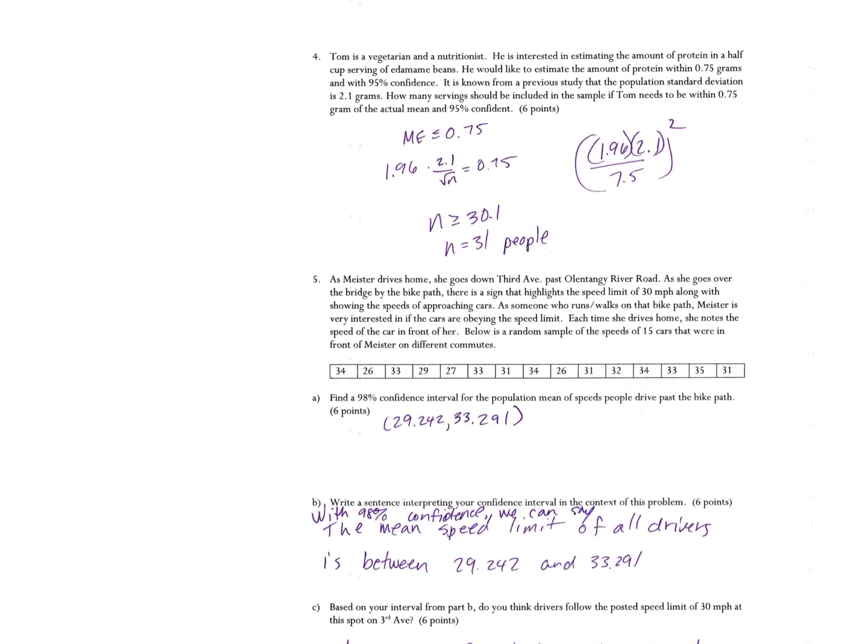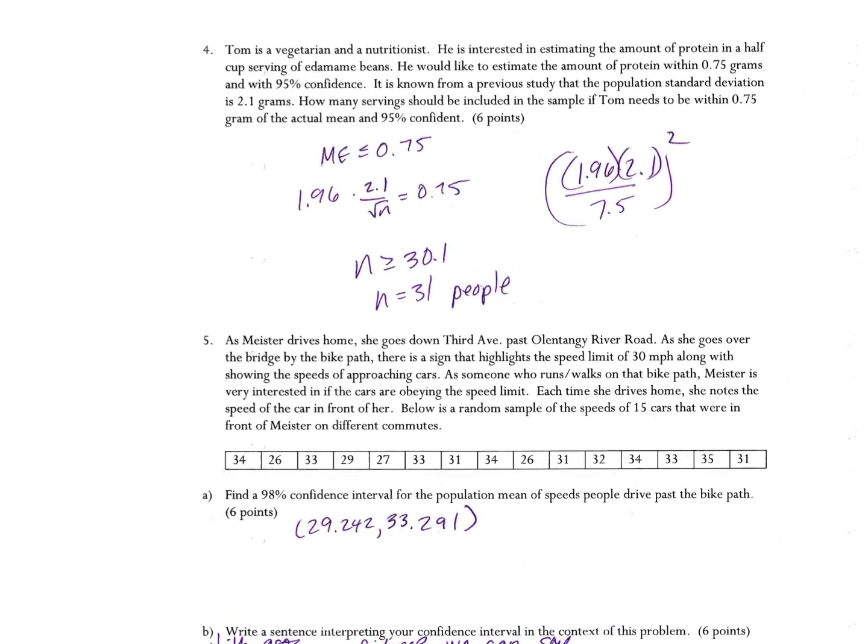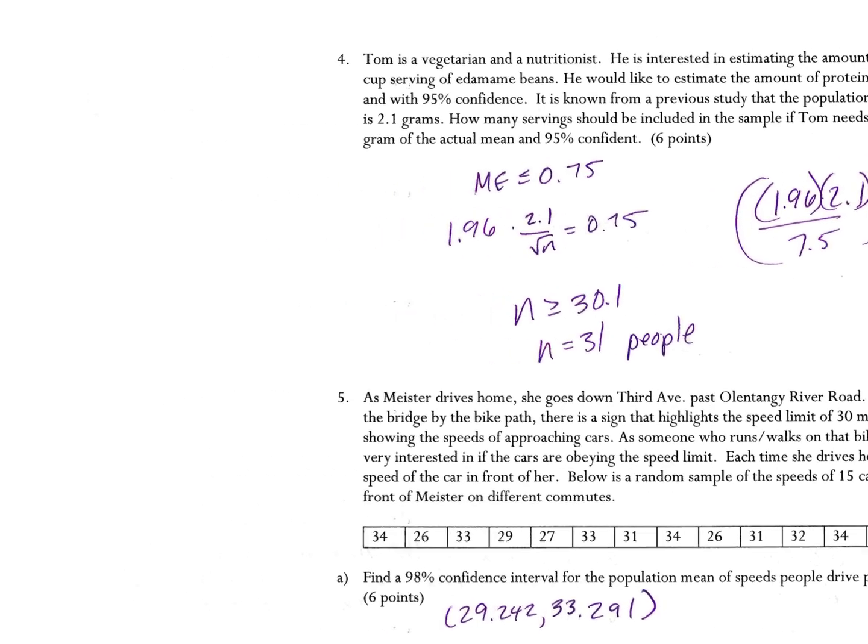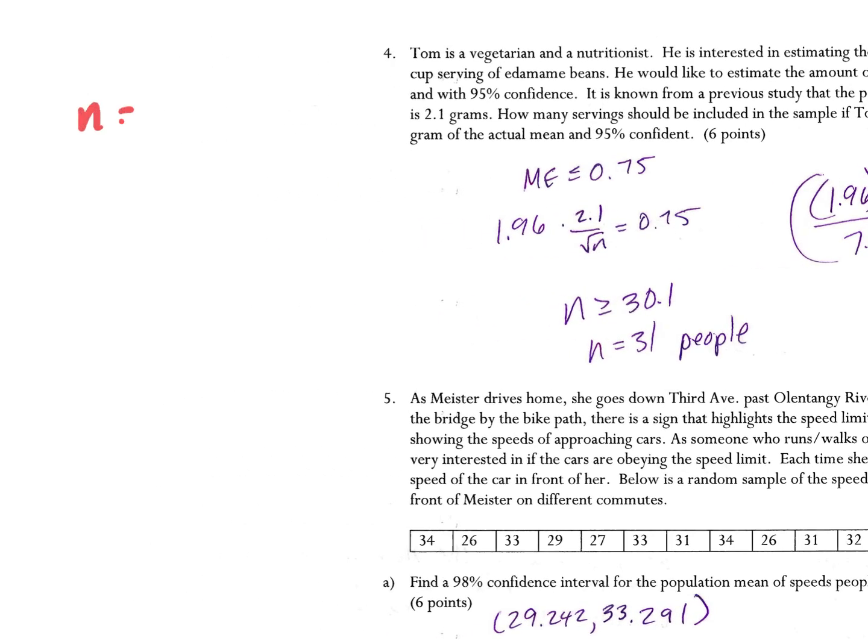All right, on your formula sheets, which I have sitting out, no, I don't, of course. A reminder, you'll have a formula sheet for the test. Okay, so if you're asked to determine sample size, you have 2 formulas. You have one that says n equals z squared p hat q hat over e squared.